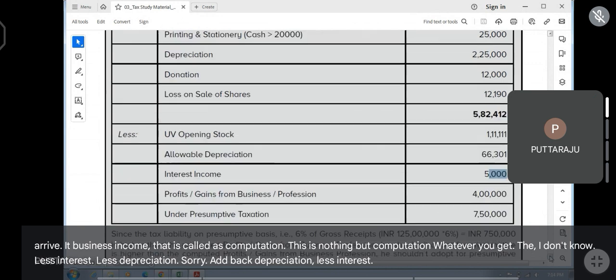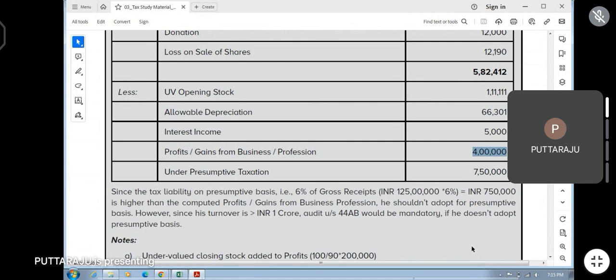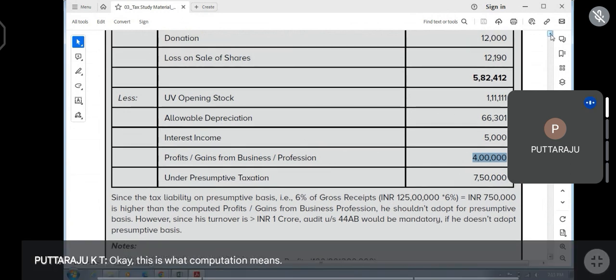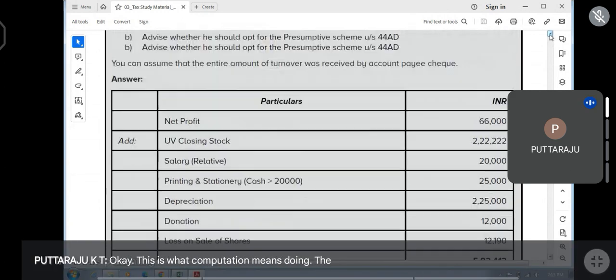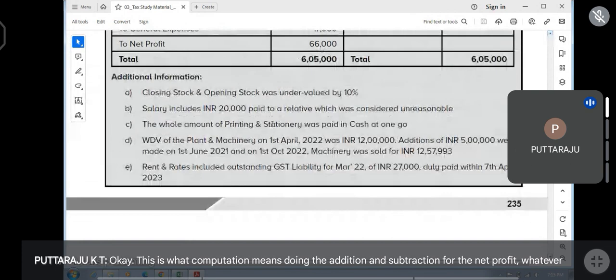You get business income this much. This is what computation means, doing the addition and subtraction for the net profit, whatever it is given.